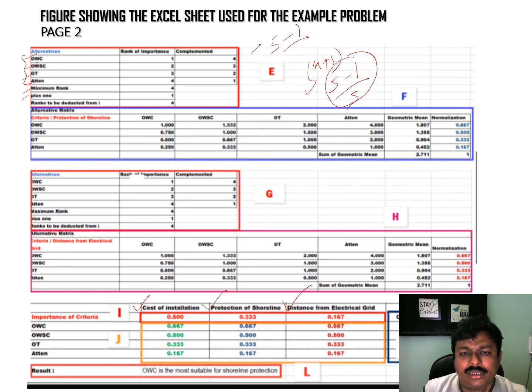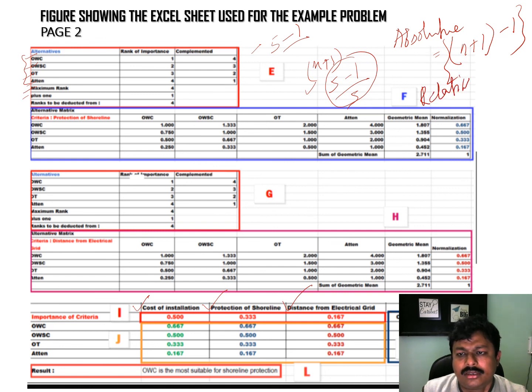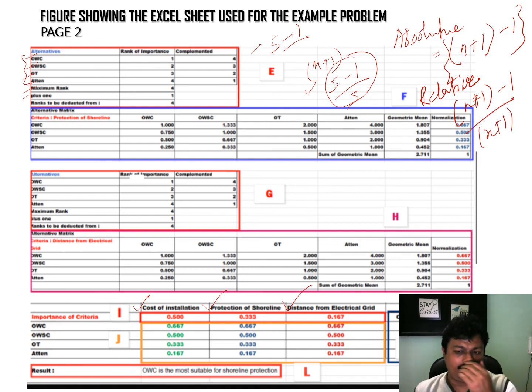This is what we call absolute complementing, where I just deduct the rank from n plus 1. What I have discussed is relative complementing, where we divide by n plus 1. So this is all.